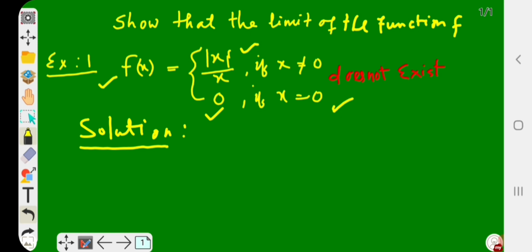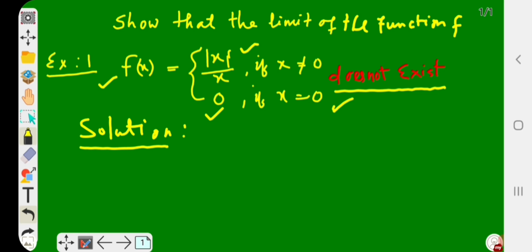Now we show that the limit of this function does not exist. First we find the left hand limit, then the right hand limit. If they exist, then we check whether they are equal or not.